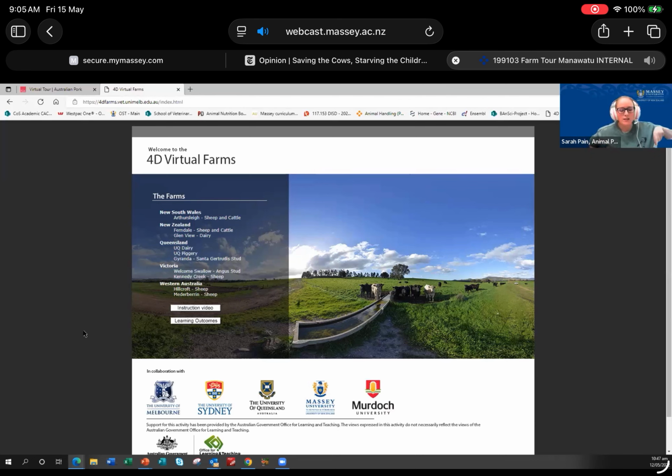The piggery, as I said, that I'm going to show you is an Australian piggery. It's an indoor piggery. New Zealand doesn't have heaps of piggeries. It's only got about 100 commercial piggeries. About 45% of them are outdoor facilities, about 55% are indoor facilities. And we'll talk more about them when we talk about livestock systems. But in terms of the indoor systems, they're probably fairly uniform between places because it's all indoors.